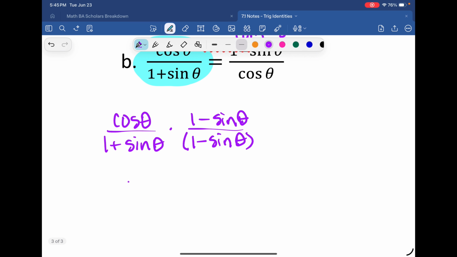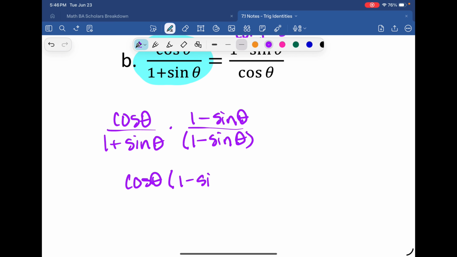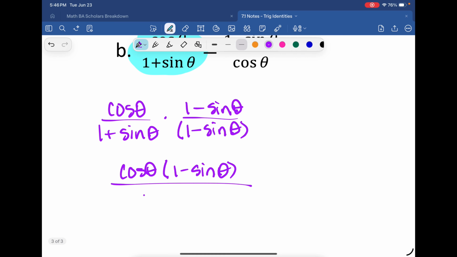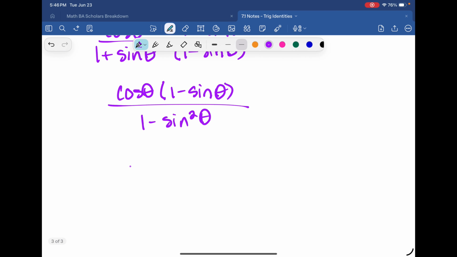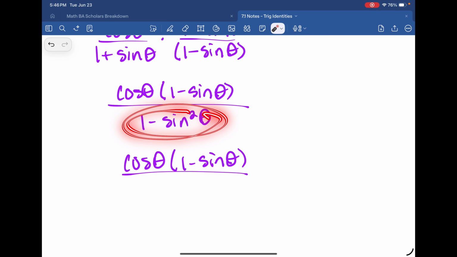All right. And then remember, when you multiply conjugate pairs together, you get a difference of squares. 1 minus sine squared. 1 minus sine squared is cosine squared. Watch your exponents here. This is the one that is cosine squared.